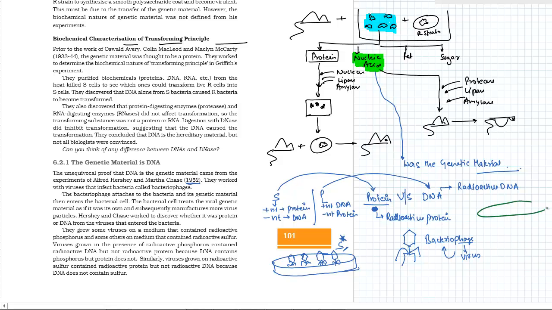If you're going to take some other petri plate, in this petri plate you're going to grow radioactively labeled DNAs. Phosphorus is radioactive. All the bacteriophage which will grow on this particular plate will have DNA radioactively labeled. Okay, so sulfur is the blue one, DNA is the green one.